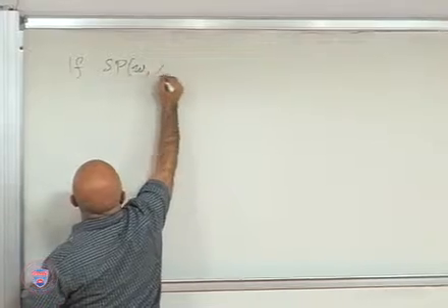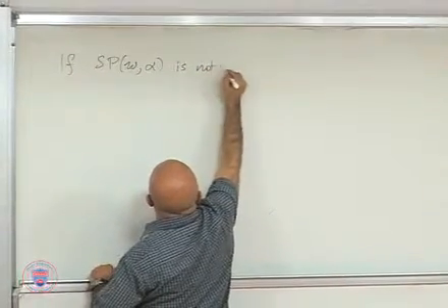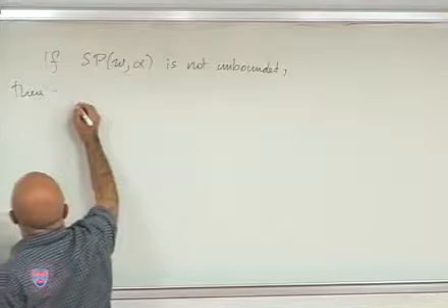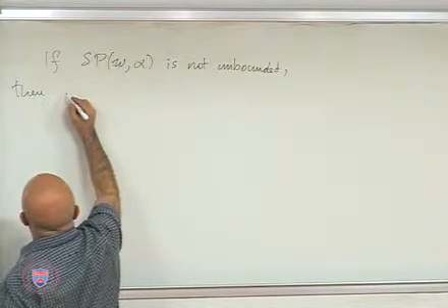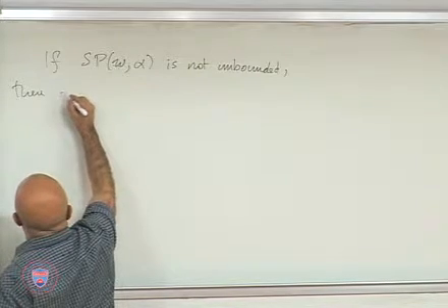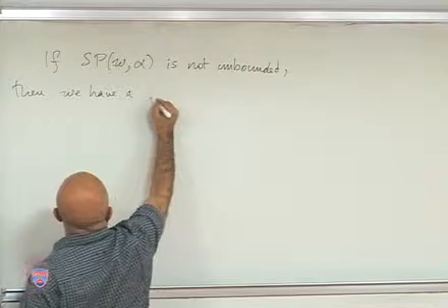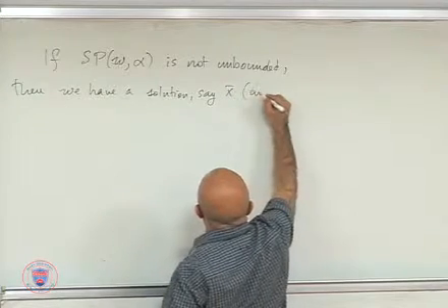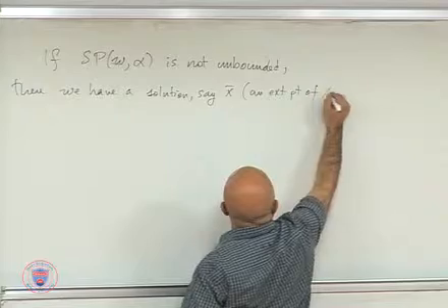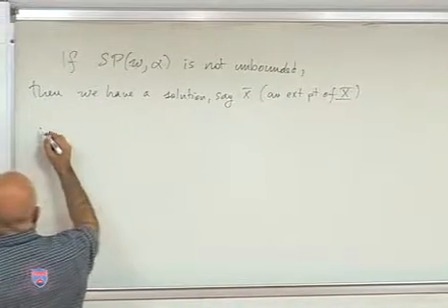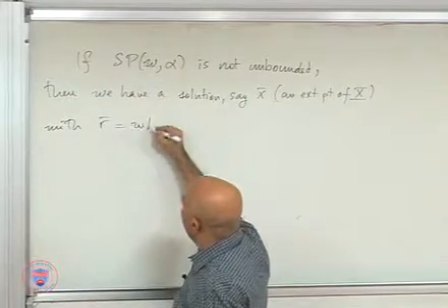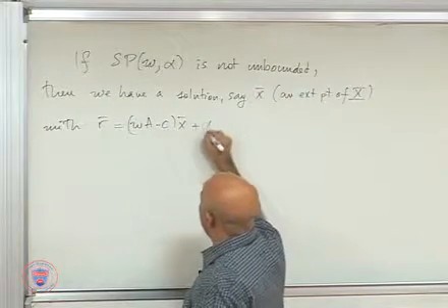If the subproblem defined by W alpha is not unbounded, then we have a solution, say x bar, which is an extreme point of X, with reduced cost, say r bar, which happens to be wA minus C times x bar plus alpha.